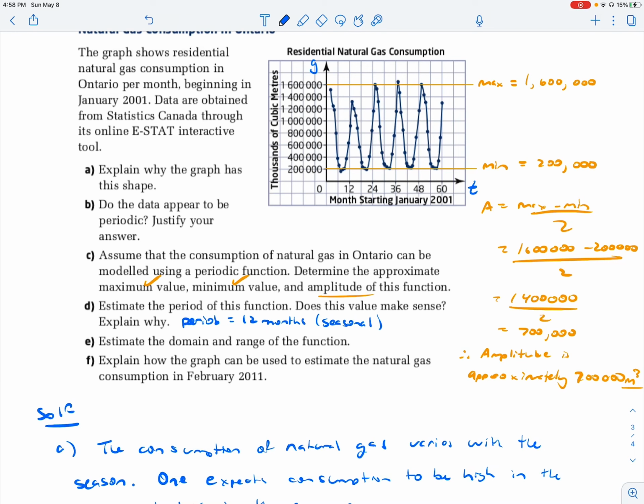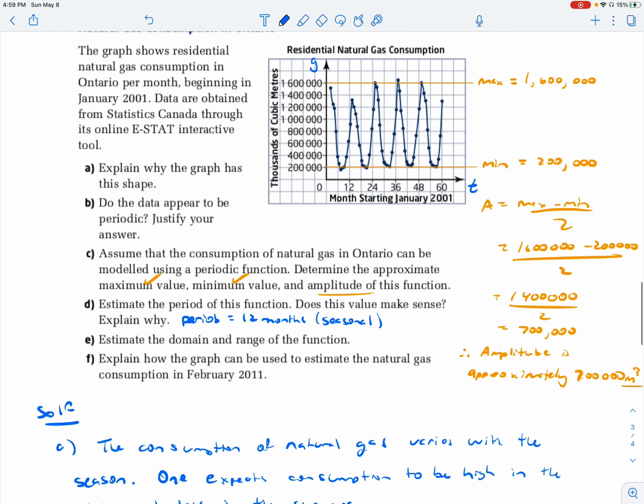Because we have specific data that's plotted, my domain should just be from start to finish. Notice I don't have a value for January at 0. My first value is at the end of January, at February. So my domain, I want to go from 1 to 60.